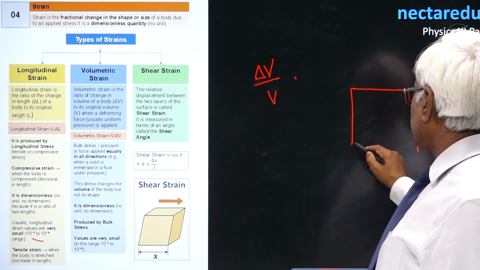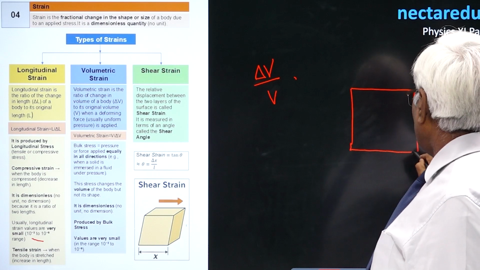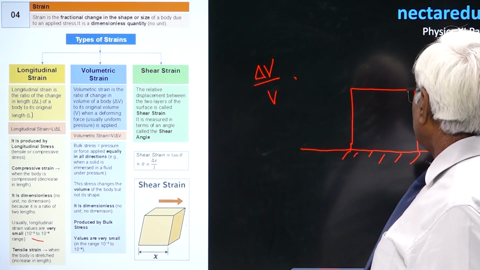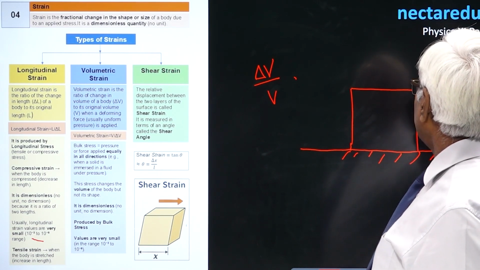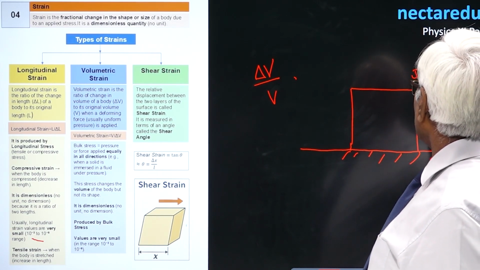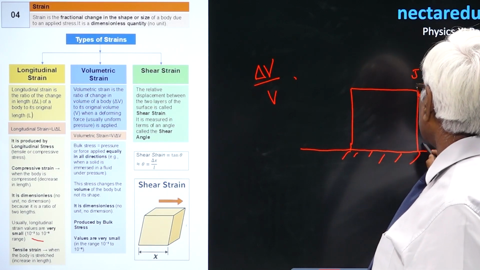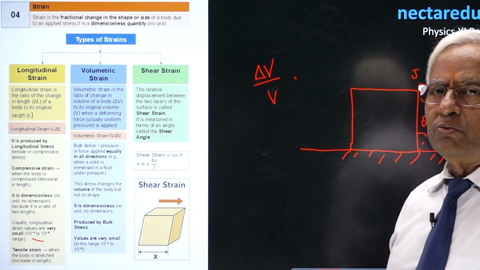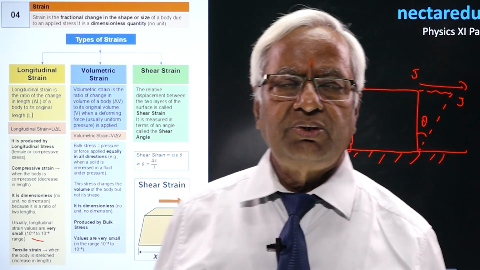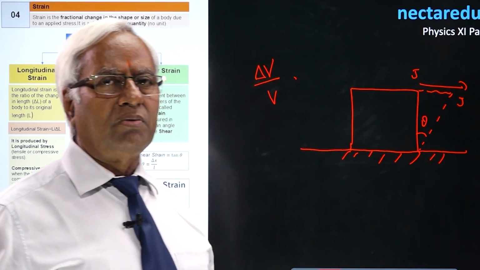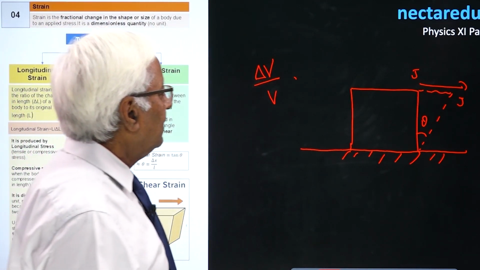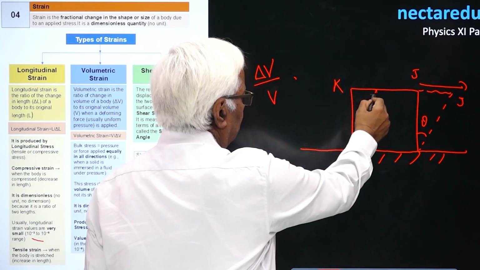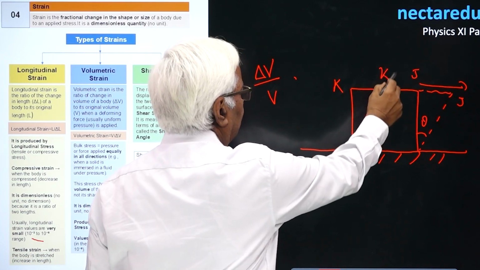Then shearing strain. That means one face of the body is fixed, and a tangential force is applied, and this J goes to J dash. That means the shape has changed. You could say deshaping has taken place. There is a deformation in the shape of the body. This point, say K, has gone to K dash.